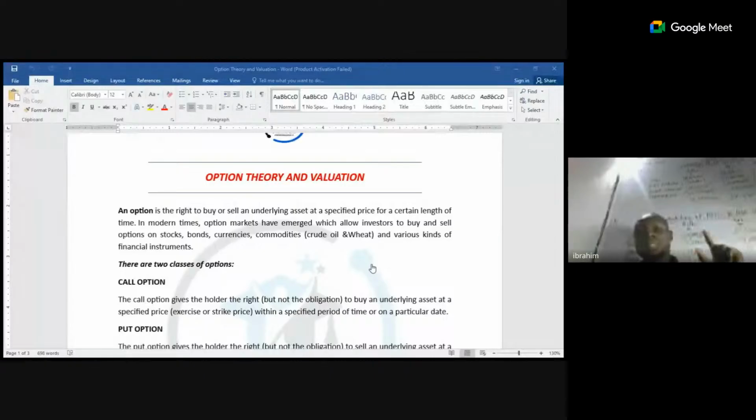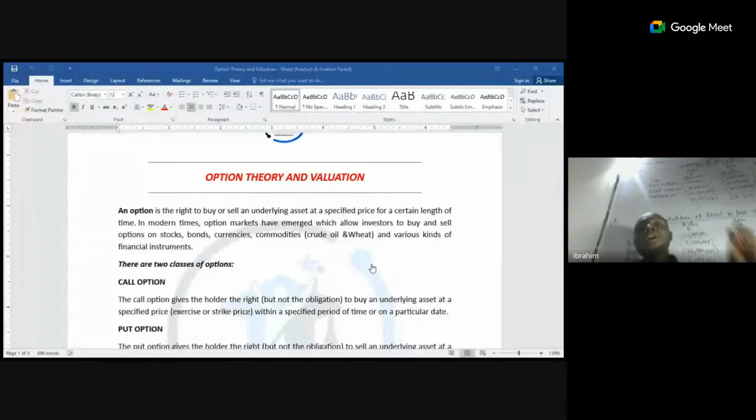One, the call option. The question is, what is a call option? The call option gives the holder the right, but not an obligation, to buy an underlying asset at a specified price, that is the exercise price or strike price, within a specific period of time.